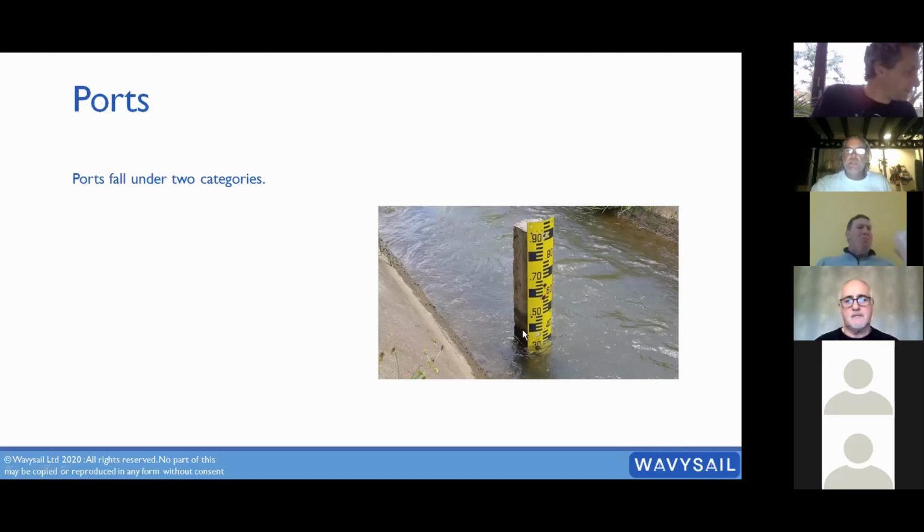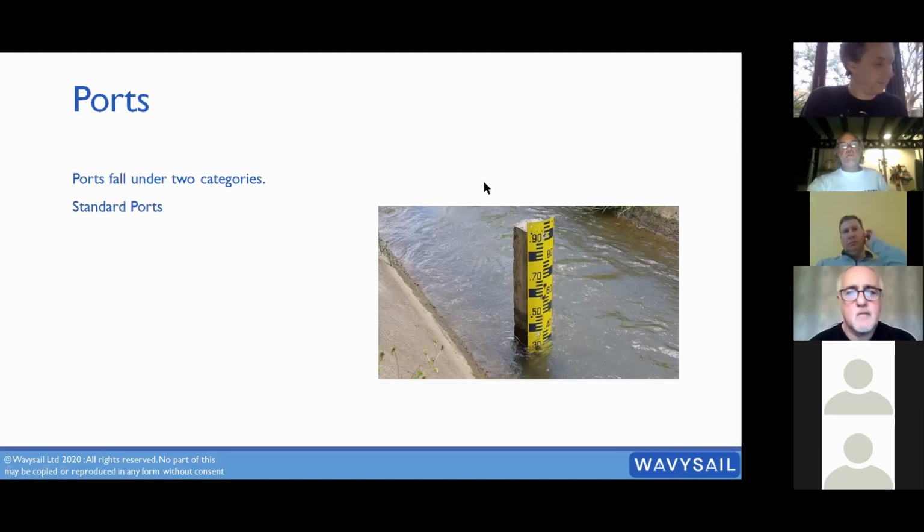Somebody comes and records it every day, high water, low water, high water, low water, and they get a table of how much the tide's going in and out, and then they know exactly what's going on. So that's a standard port, and somebody records it all. But what about all the ports that don't record it? They're called secondary ports. You don't usually get tide tables for a secondary port.